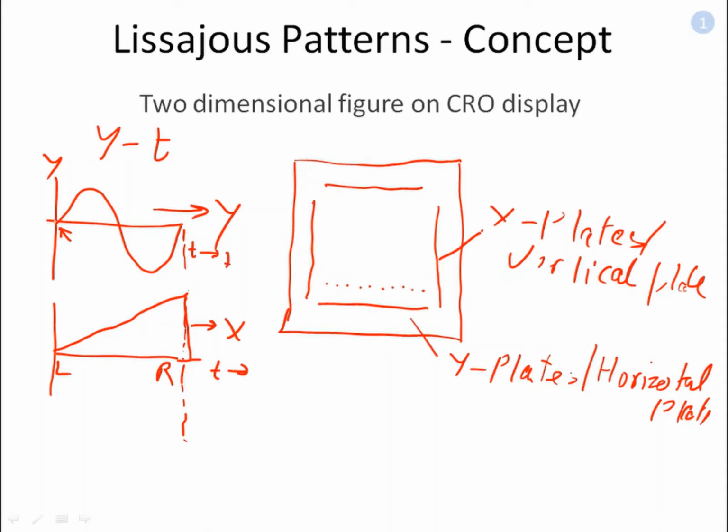But at the same time, the unknown signal is also applied on the Y plate. So at each instant of the voltage applied, you can see how the response is coming on the screen.